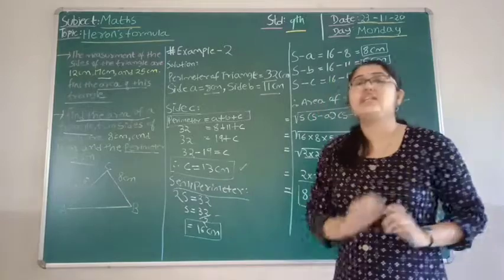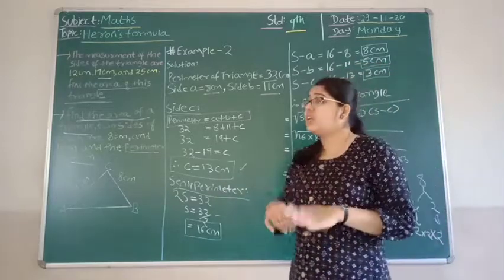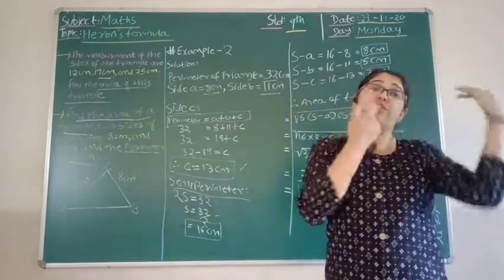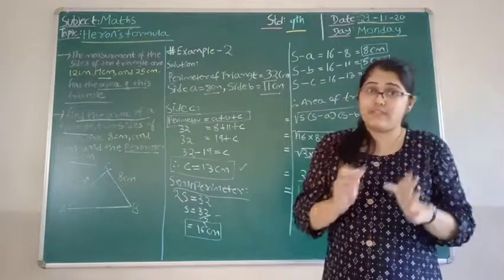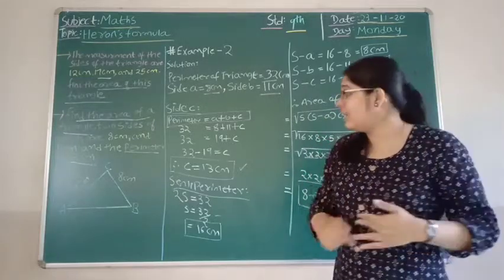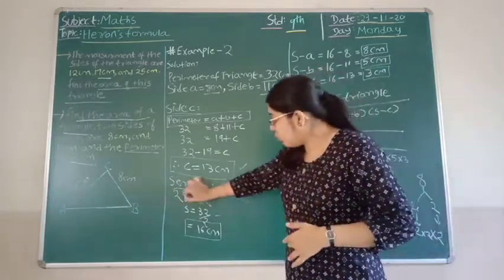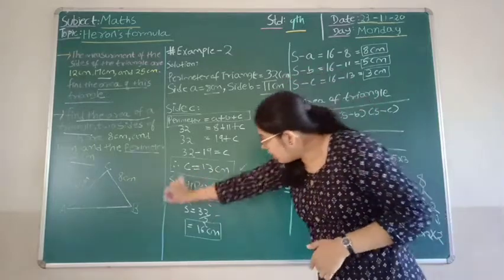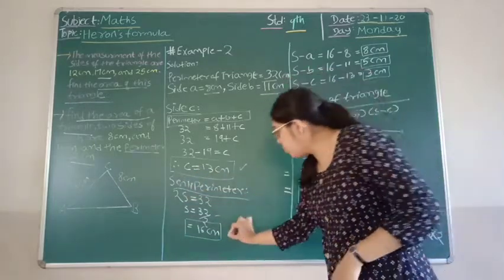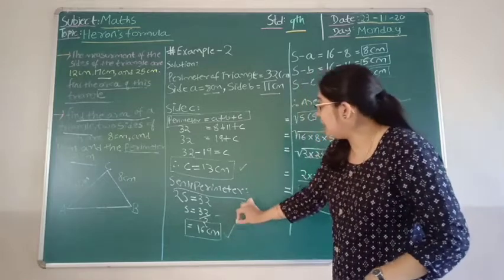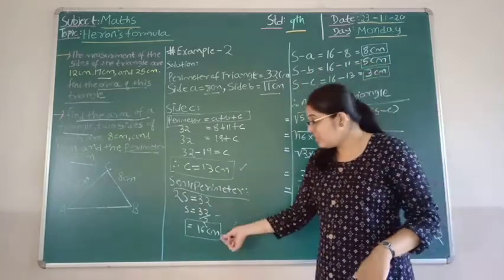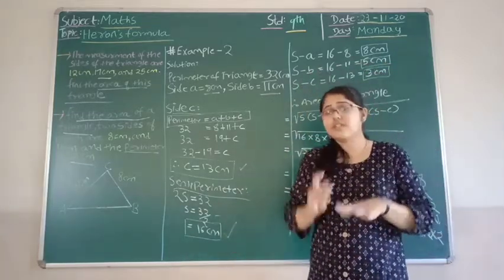Now we need to find semi-perimeter from perimeter, because we are given the perimeter. I took 2s equals 32, dividing, I am able to get semi-perimeter as 16 centimeter. This is how I am getting semi-perimeter as well as the third side.